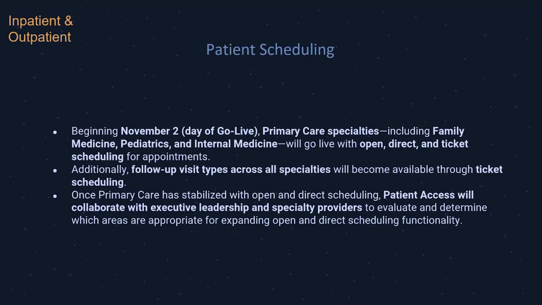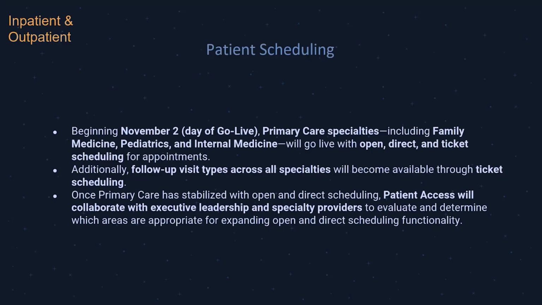So patients will have access to directly schedule in the primary care specialties. So that's the family medicine, pediatrics, and internal medicine. So that'll be open, whereas a patient that may not have a previous relationship with a provider in one of those areas, they can go onto the app and find a time and just directly schedule.